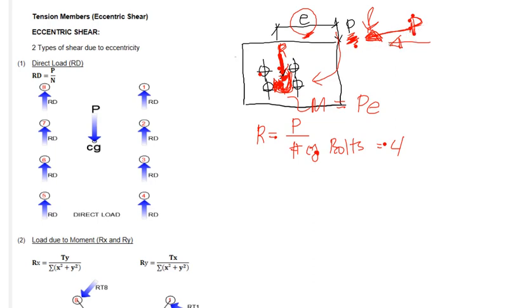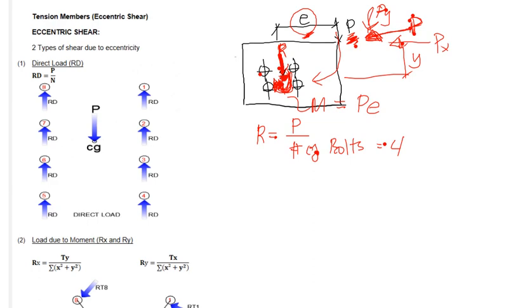Saka nyo i-moment dito sa centroid para mas madali. So, yung horizontal natin, yung Px, meron tayong y, and then meron tayong vertical component yung ating load, i-multiply natin siya sa ating eccentricity na E.